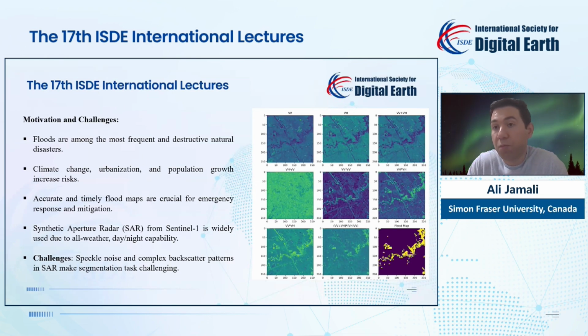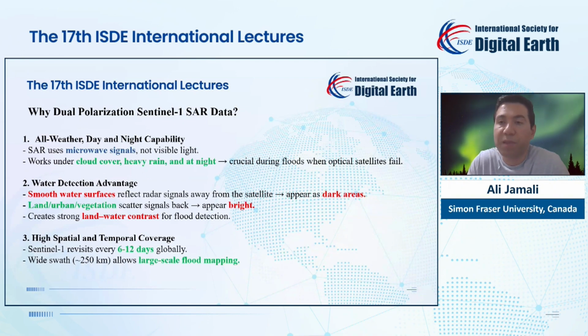From this data, you could easily detect most of the objects of interest on the ground, even, as mentioned by Dr. Avik, with a Conan algorithm. One of the issues most people have is the speckle noise and the complex backscatter patterns of SAR. For most traditional algorithms, they may cause some challenges, or they may increase the complexities.